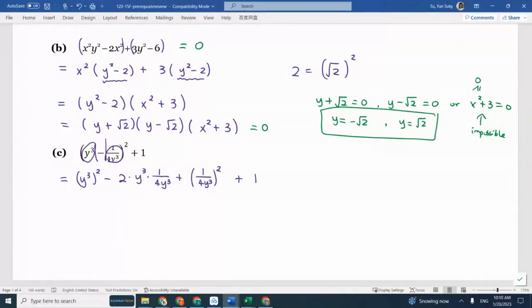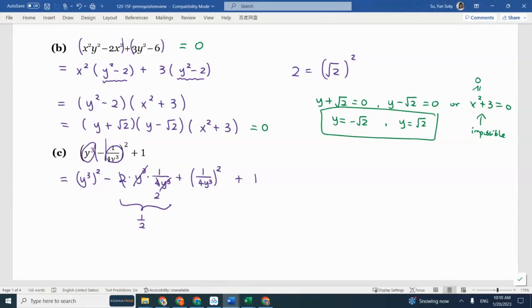Can you see here y cube and y cube? We can cancel. And can you see 2 and 4? We can cancel the 2. What's that in the denominator? 2. Yes. Okay, this cancels, we get 2. So this term is actually 1/2.